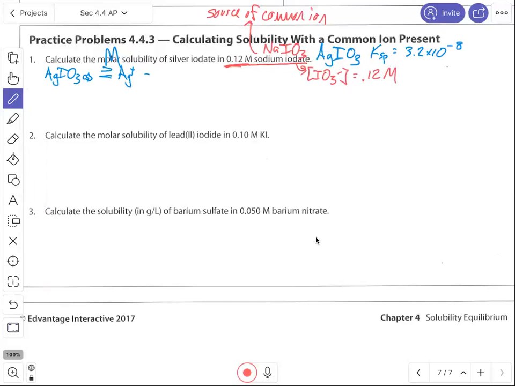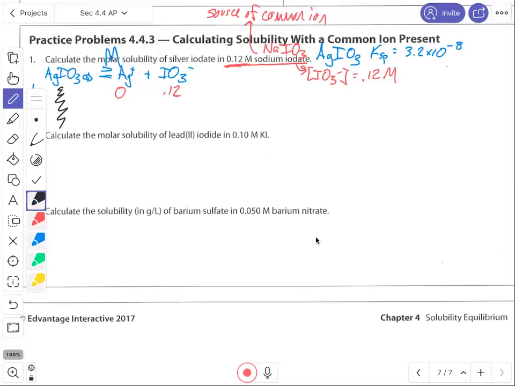Ag plus, iodate minus, ICE. I get to ignore this because it's the solid. What am I going to write for my initial line? 0 on the silver, 0.12 on the iodate.